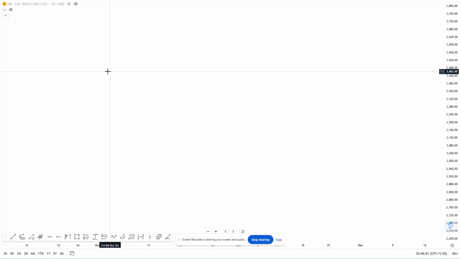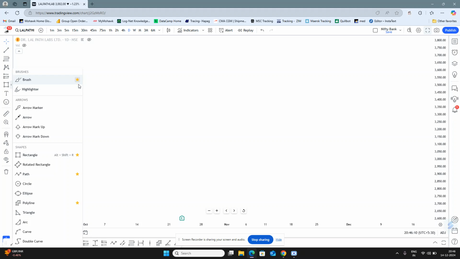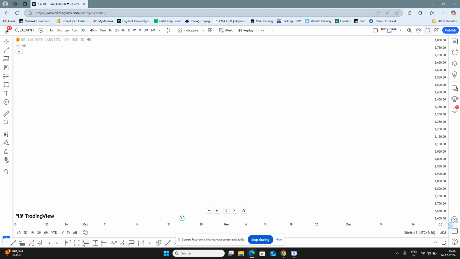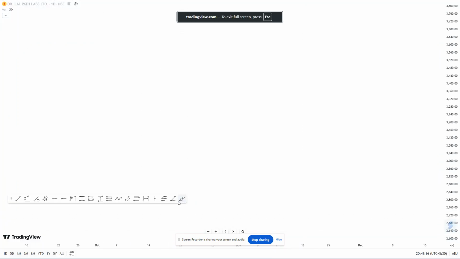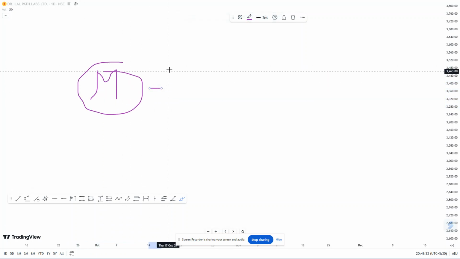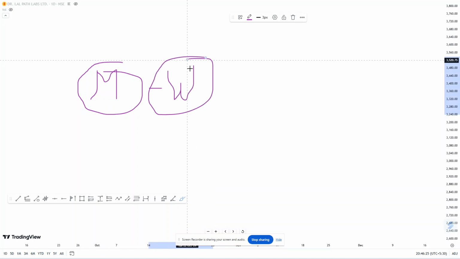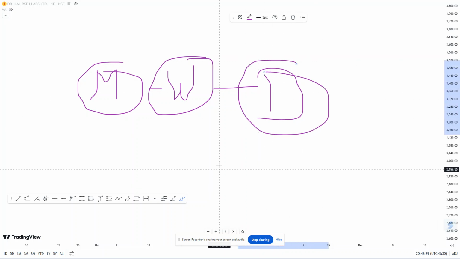So for this, these are the three requirements: monthly chart, weekly chart, daily chart, and then 1 hour chart.